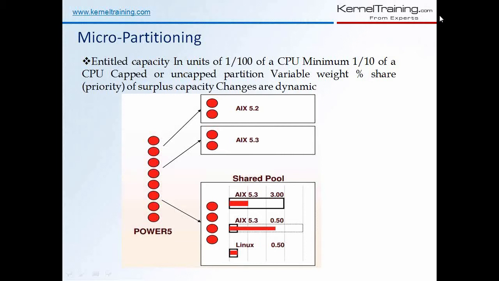The benefit of micro-partitioning is that I can share my CPU in fractions as per the workload. The entitled capacity is in units of 1/100 of a CPU, minimum 1/10 of a CPU. The CPU may be capped or uncapped, which has an effect on the partition, and it also depends on the weight value of the partition.